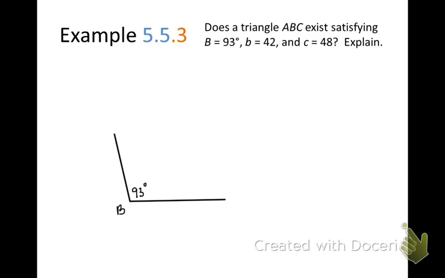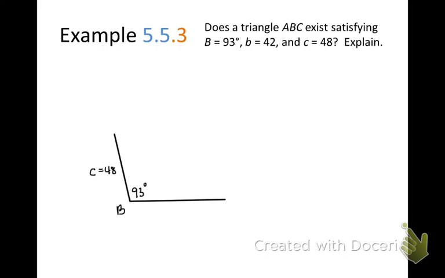Your side B, is it possible for this to be your side B? Why not? Little b should always be opposite. So this could be little c, which is 48. So now when I'm drawing that side that hinges off here, that's my little b.